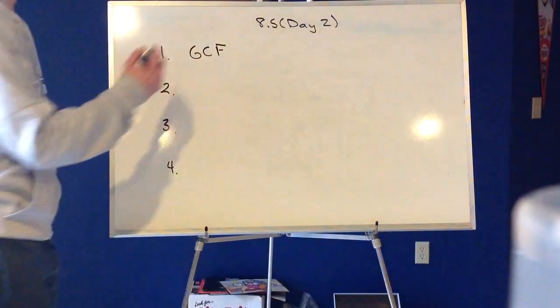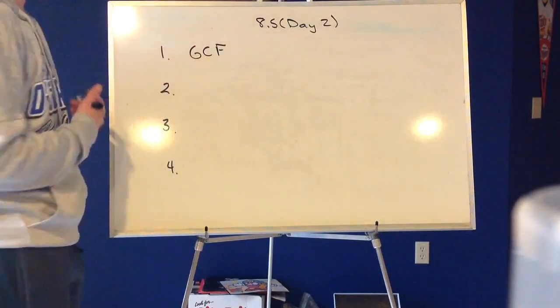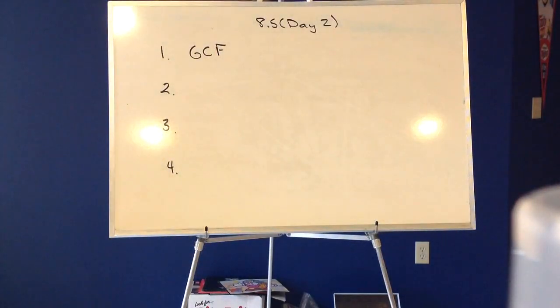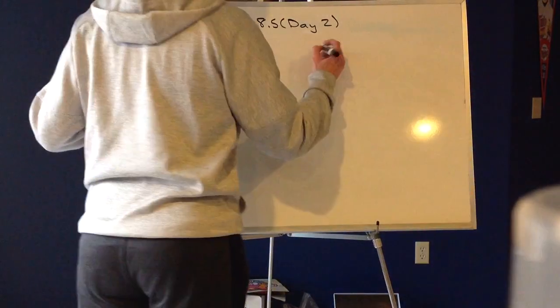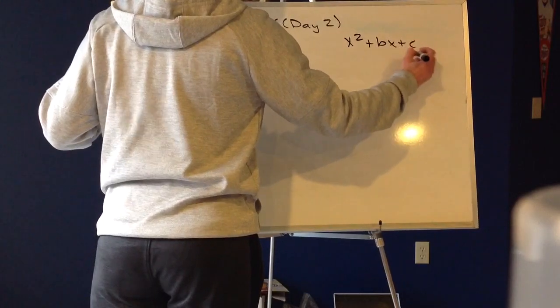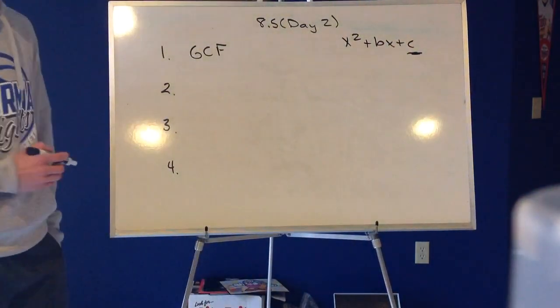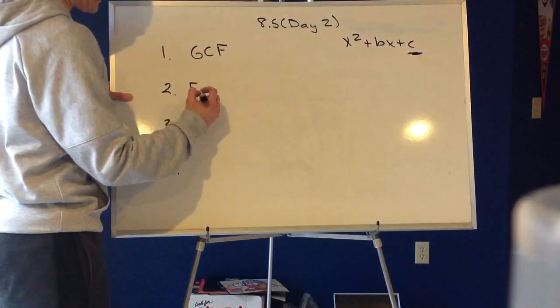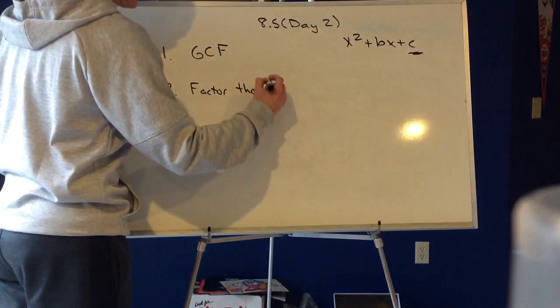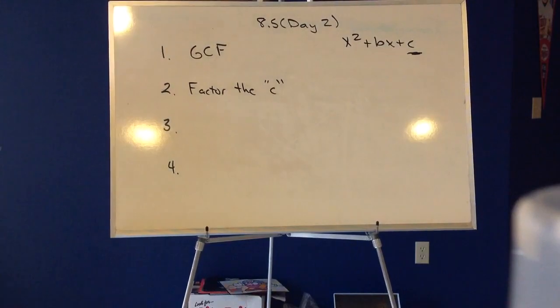After you've pulled out the GCF, which we'll do in a couple examples, remember, you always want to look for factors of that last term. Based off the example you have above, it gives you x squared plus bx plus c, so they use the last term as a c. So you want to find factors of the last term, or the c as we're calling it.